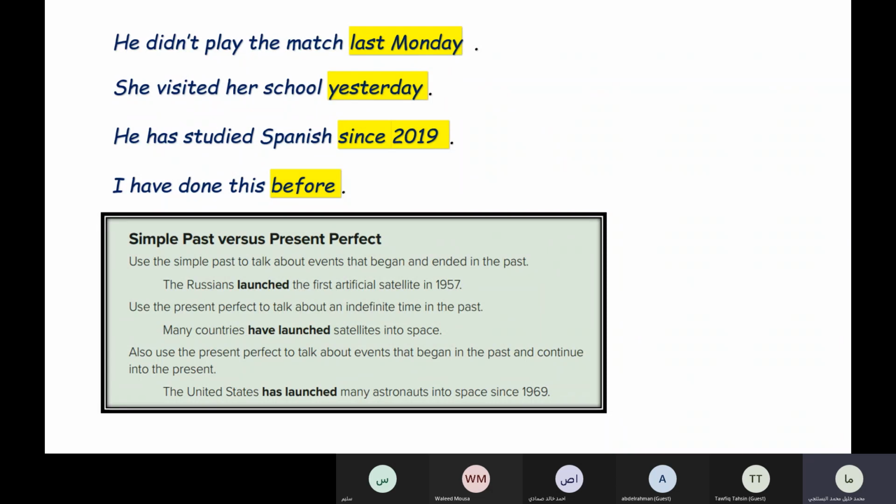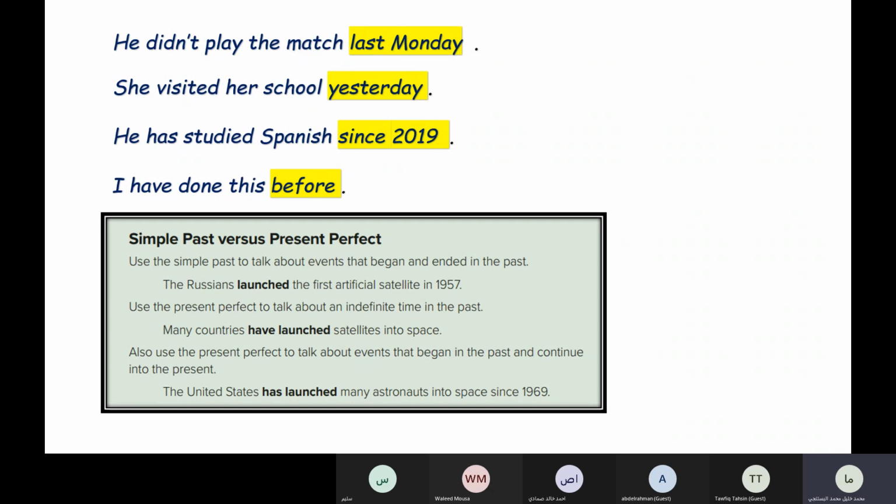Now here we are going to show the difference between simple past and present perfect.